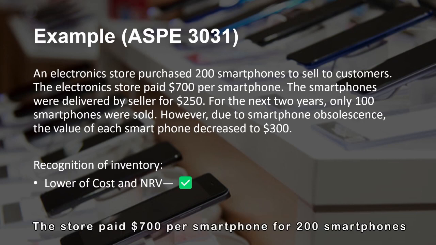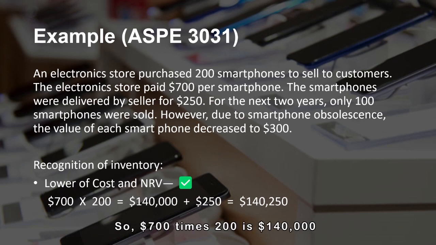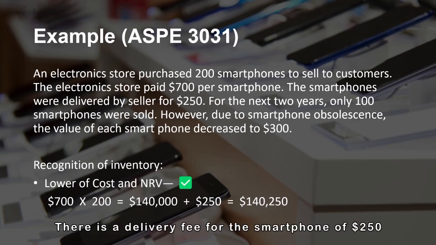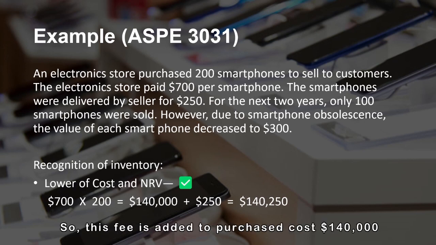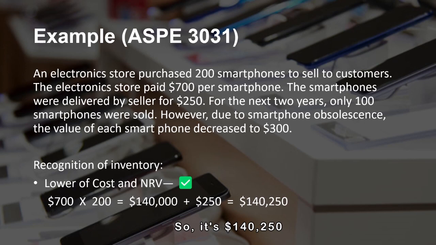The store paid $700 per smartphone for 200 smartphones, so 700 times 200 is 140,000. There is a delivery fee for the smartphones of $250, so this fee is added to the purchase cost of $140,000, so it's $140,250.